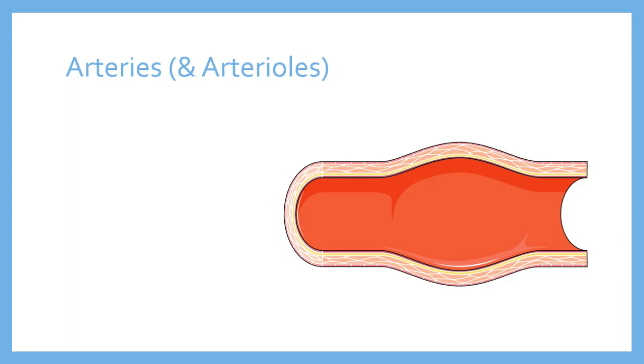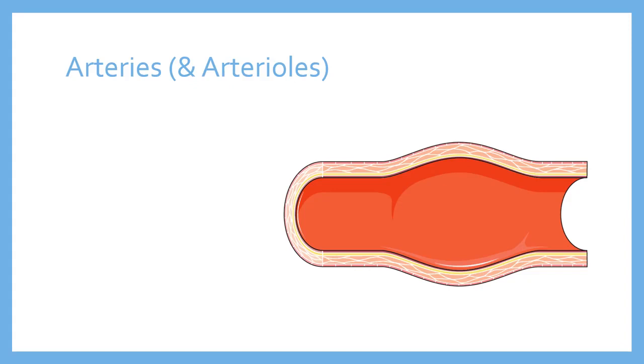So beginning with arteries then, you'll note initially that I've referred to arteries in the heading, arteries and arterioles. And I don't want to get you caught up on the terminology, except to explain that arterioles are small arteries. So as the arteries split and branch off, as they get smaller, they become what are known as arterioles.